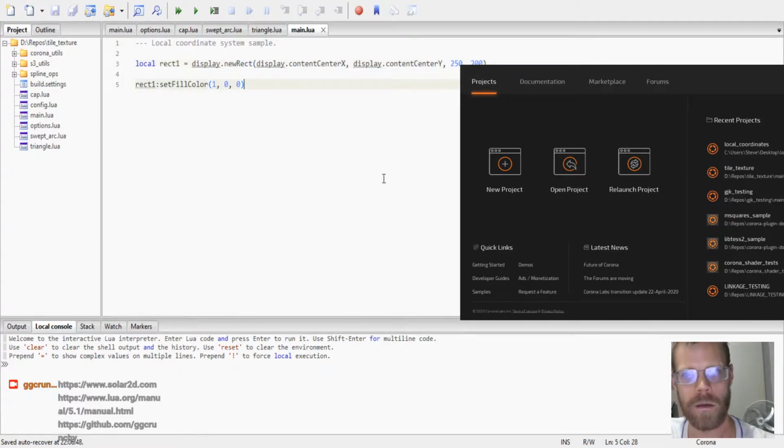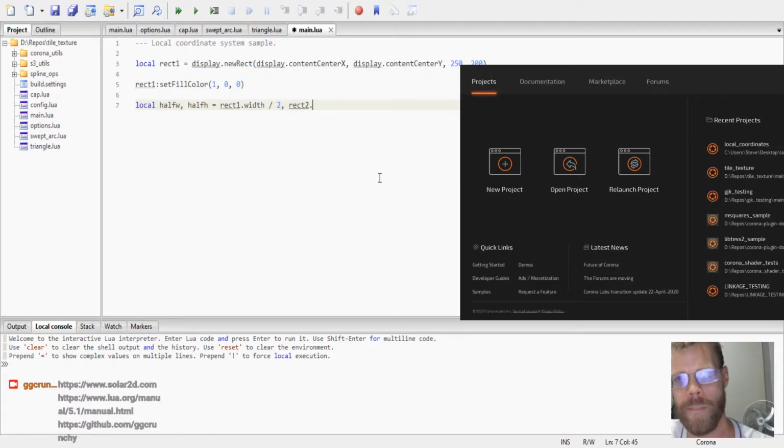So we can get half dimensions by reading the width out, dividing by 2, ditto with the height.